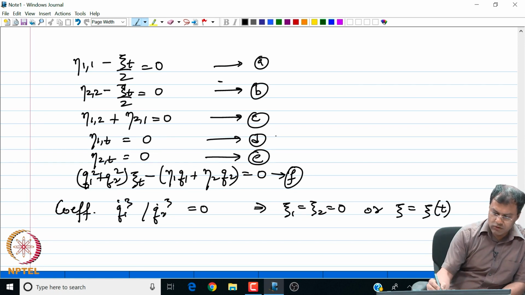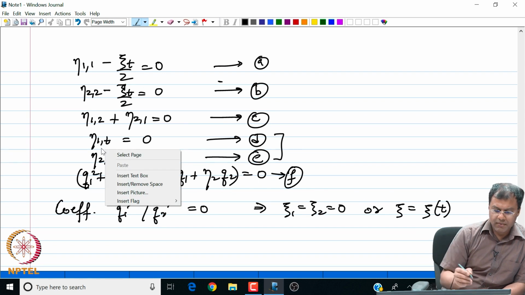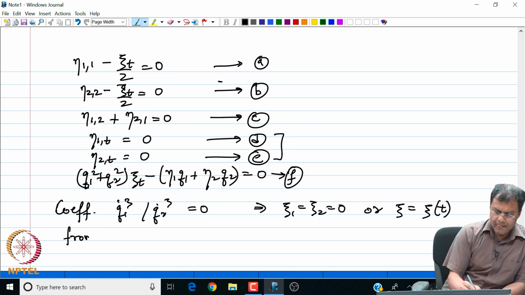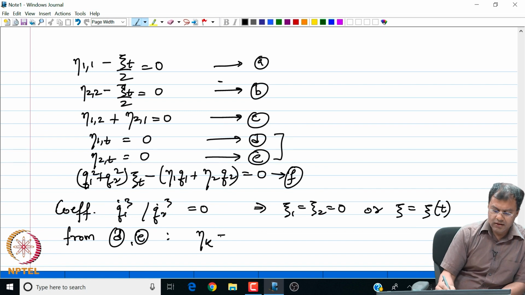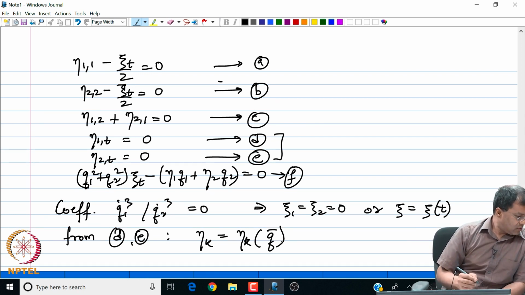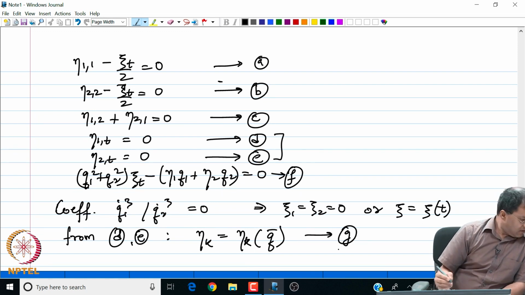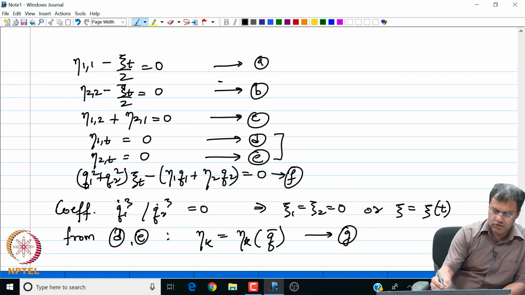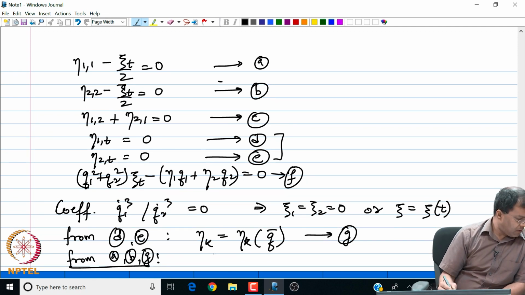So, then from these two relations I also see that eta 1 and eta 2 are independent of the variable time, right. So, from D and E I see that each of these etas are just functions of the respective dependent variable q, right. So, let me call this relation G. Now, from A, B and the relation G, what I get is as follows.